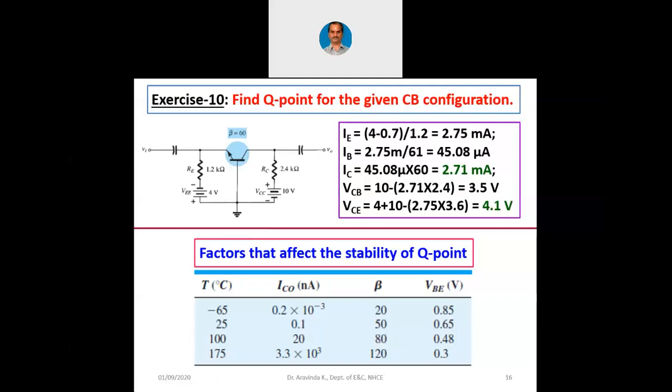So when temperature increases, there is an increase in the reverse saturation current. Now when the temperature increases, there is an increase in the beta as well. Why is there an increase in the beta as well? When the reverse saturation current increases, that contributes to the forward current as well.